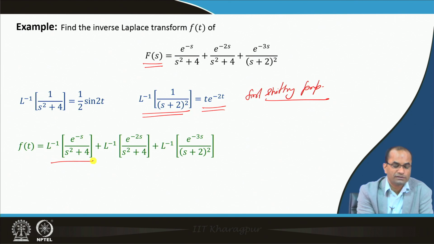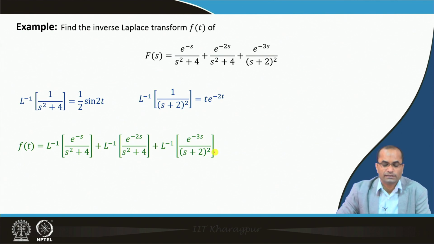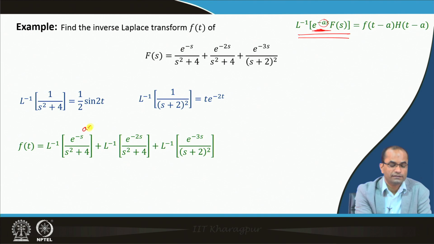So, the Laplace inverse of e^(-s)/(s^2+4), e^(-2s)/(s^2+4), and in the third place e^(-3s)/(s+2)^2. Here the shifting property is for e^(-as). This a in our case is 1 here, 2 here, and 3 here.